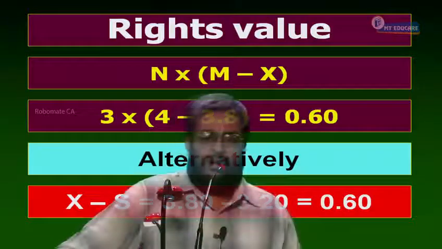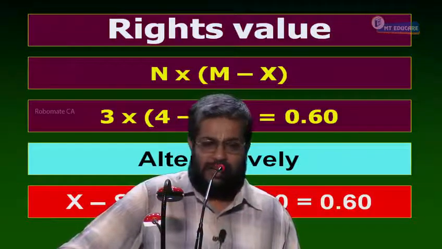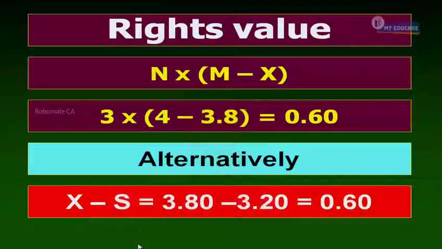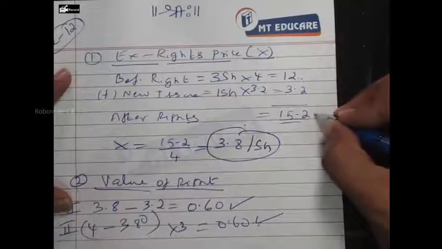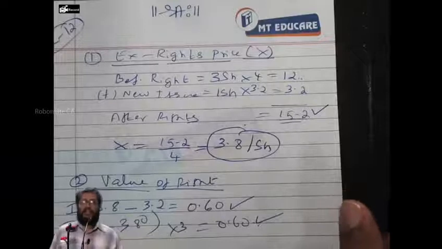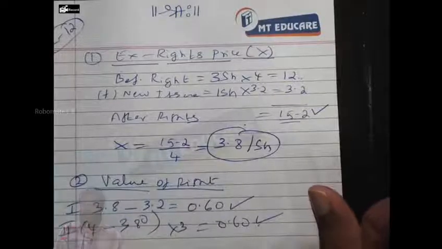Additional wealth brought in by new shareholders is equal to what into what? 1 share into 3.2, is equal to 3.2. Total wealth. What is total wealth here? 15.2. Total wealth 15.2.